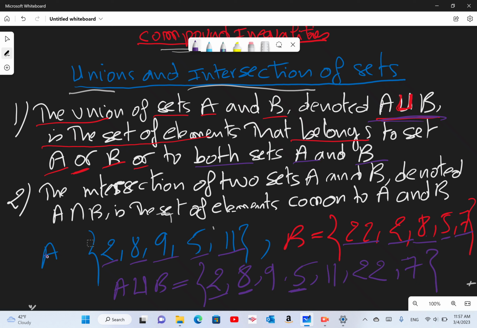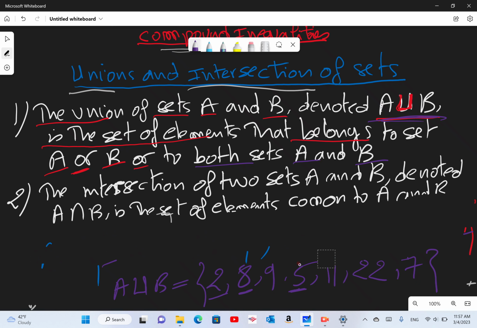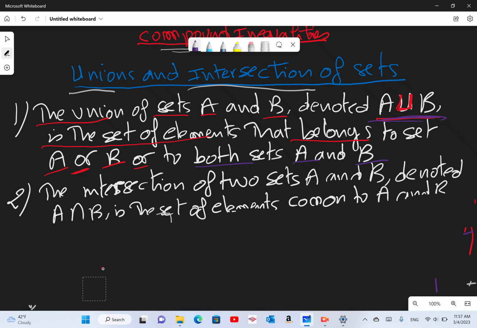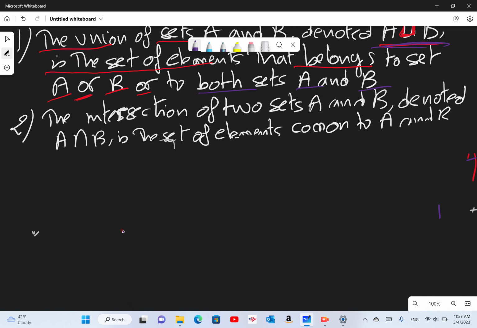So let's give an example of an intersection. So let's say we have A equals 1, 2, 3, 4, and let's say B is 2, 3, 11, 12.